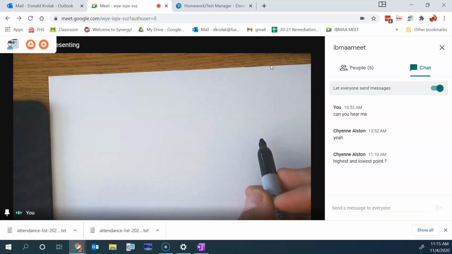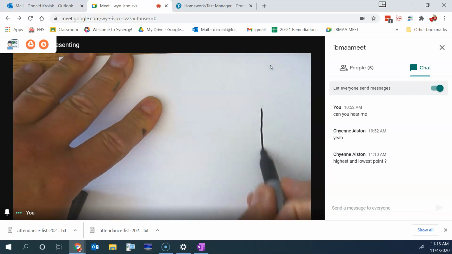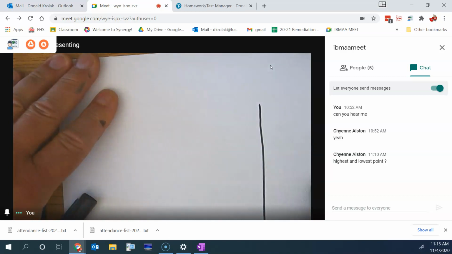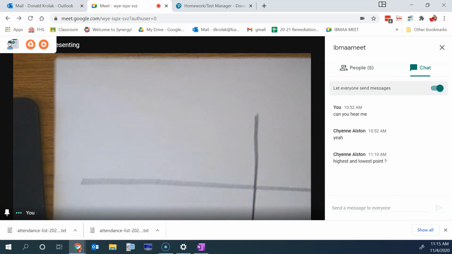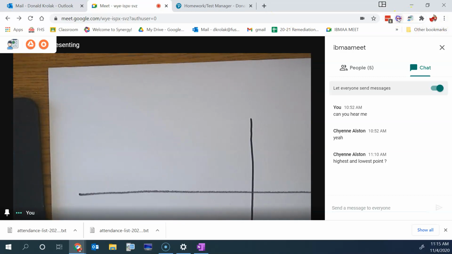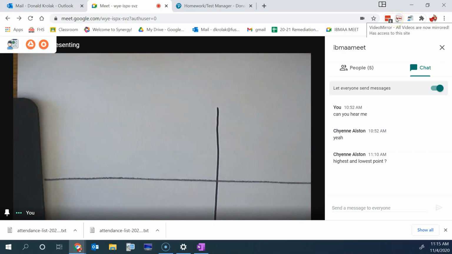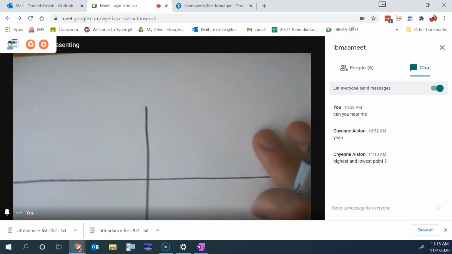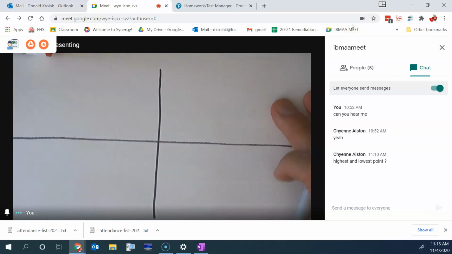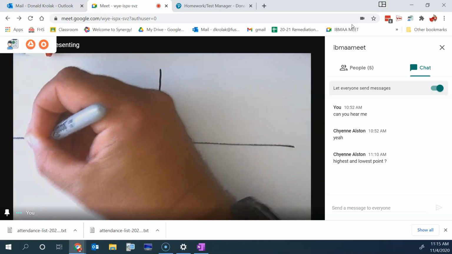Okay, here's a sine graph. Okay, so sine graph 1, 2, 3, 4.